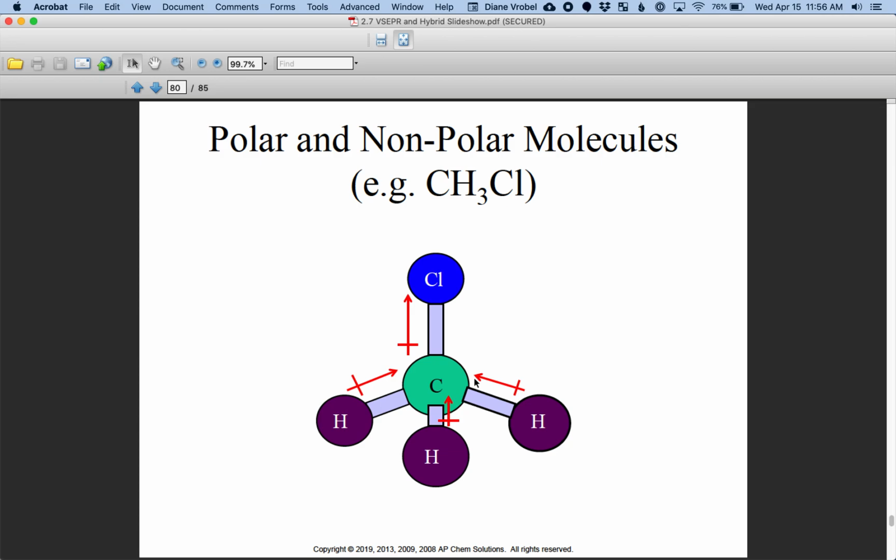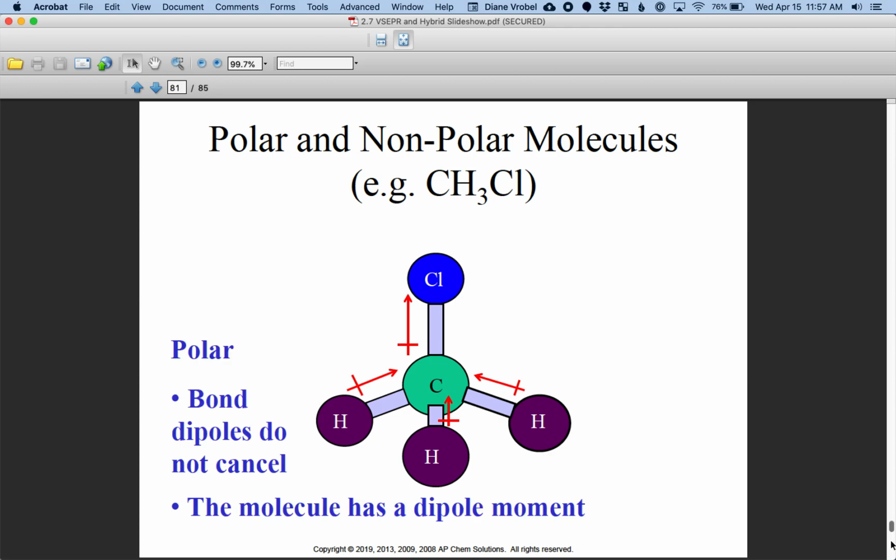If you have a difference in electronegativity that is less than 0.5, you could argue that there's no dipole. So I kind of feel that these three arrows on the bottom shouldn't be drawn. Is there a little bit of electronegativity difference? Yes. I would say the greatest is definitely between carbon and chlorine.